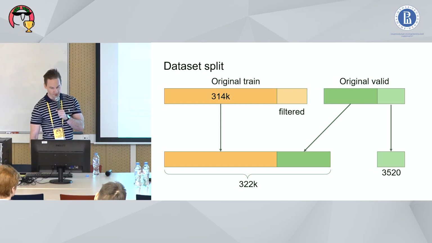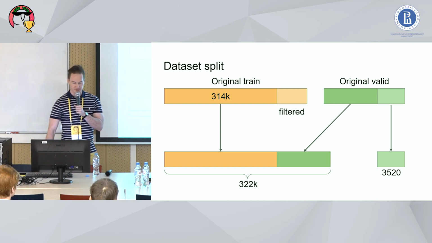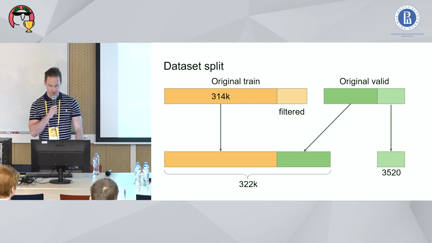Obviously, if you add clean annotation, it will increase your model performance. In the extreme, I left just about 300.5 samples for the validation part.